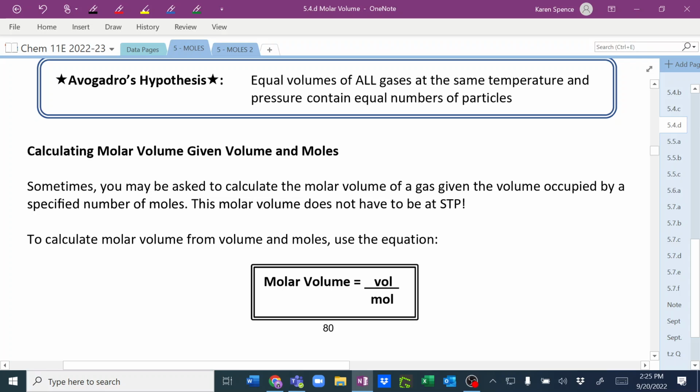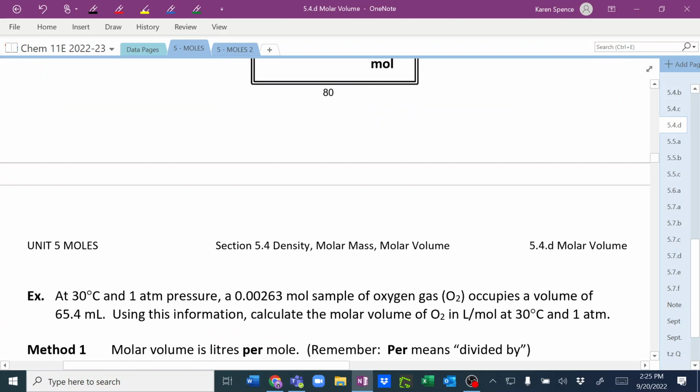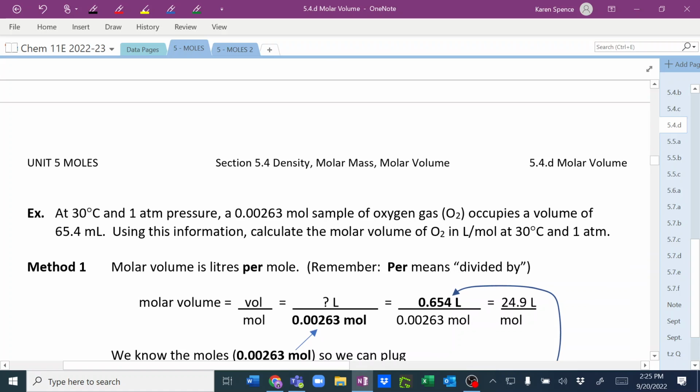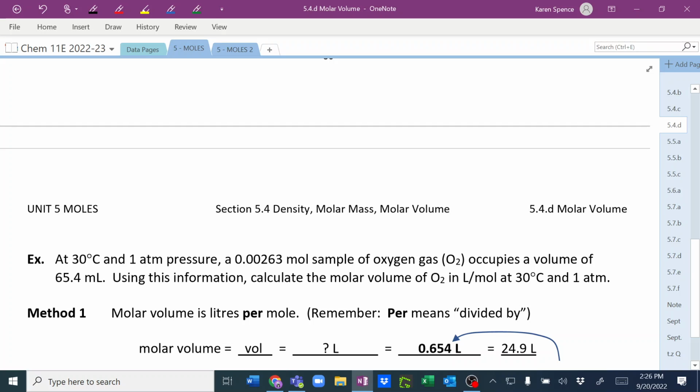You could be asked to calculate it at some other temperature, in which case we would have to give you the volume and the moles, and you'd have to calculate it from there. Okay? So here we are at 30 degrees Celsius and 1 atmosphere of pressure, so we are not at STP.